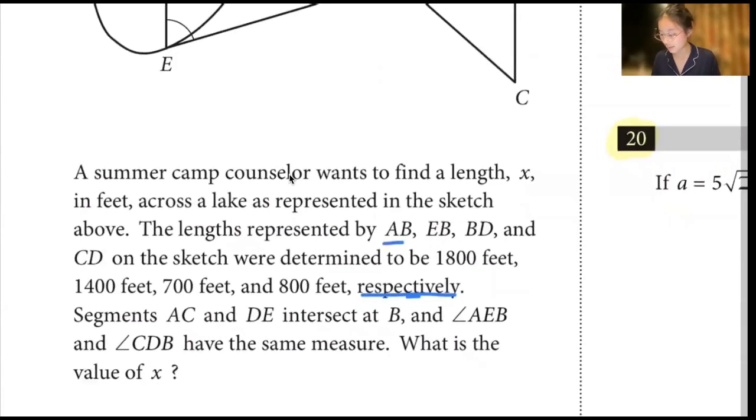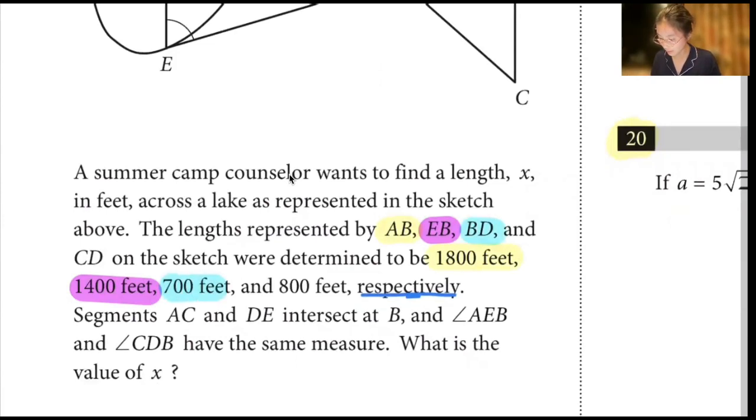So it says AB, EB, BD. So AB is going to correspond to 1,800 feet. So we're going in order, okay? And EB is going to be 1,400 feet. So BD is going to be 700 feet.